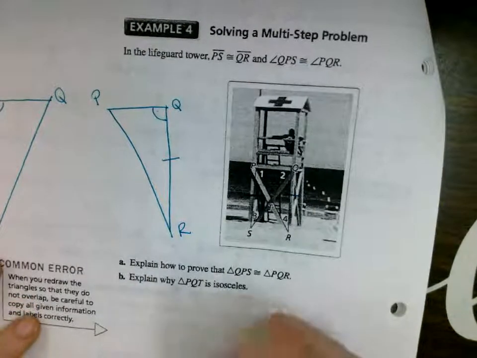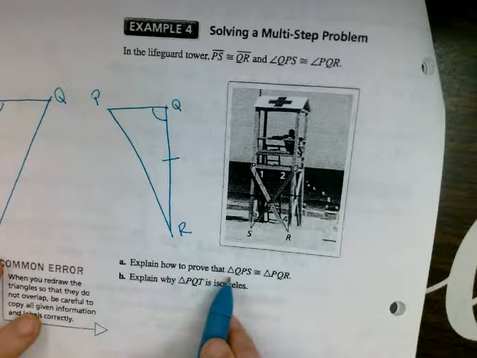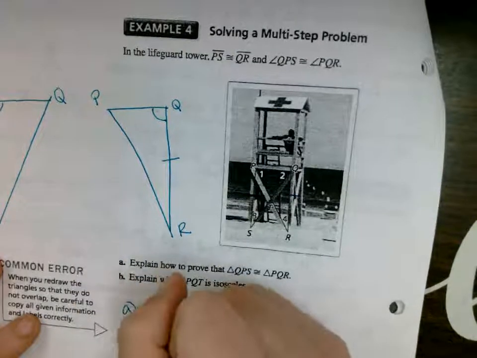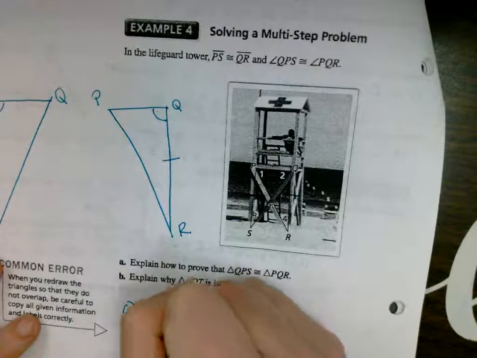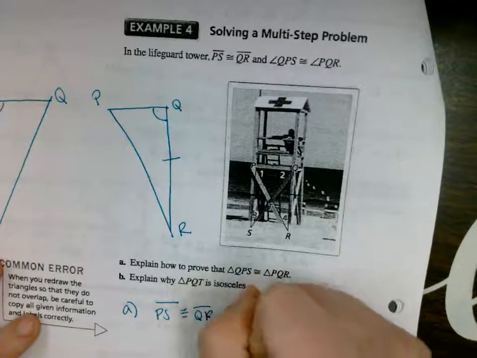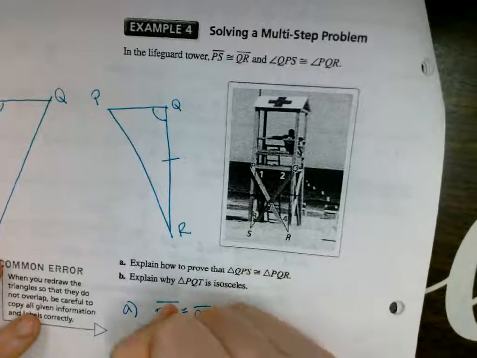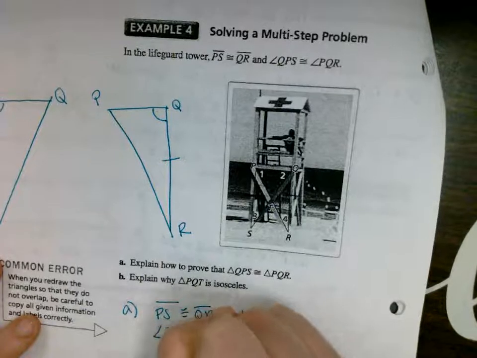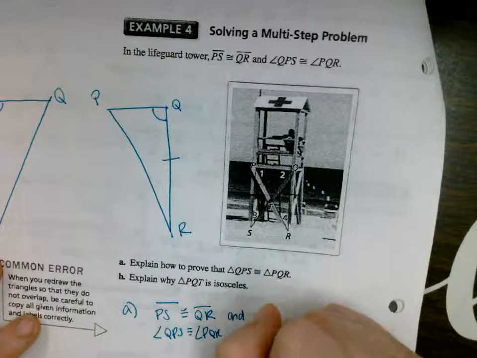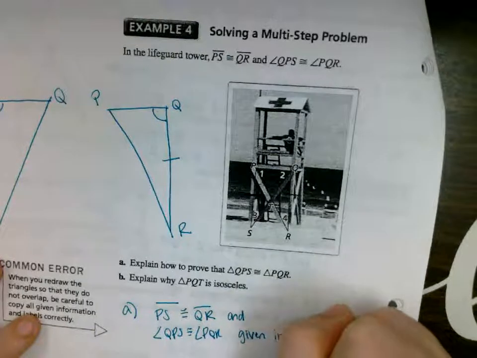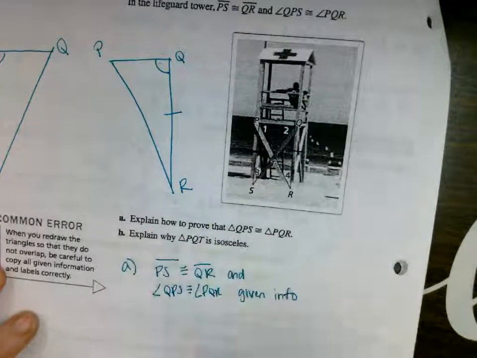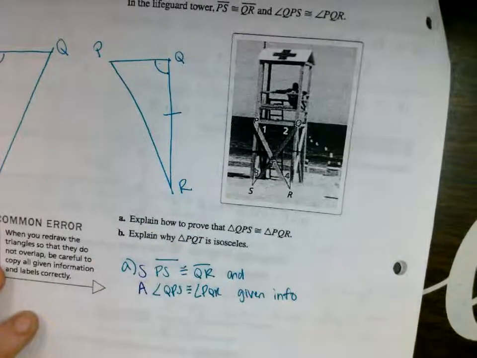Okay, so on part A, it says, explain how to prove that triangle QPS is congruent to triangle PQR. So on part A, you know that PS is congruent to QR, and that angle QPS is congruent to angle PQR, because that was all given information to you. Then I see that that is a side and an angle, so I know I'm missing a side.